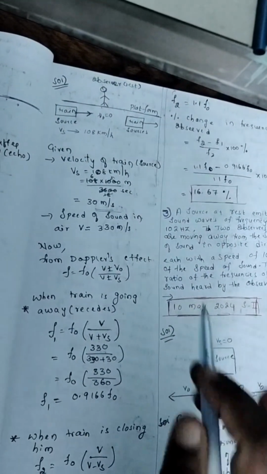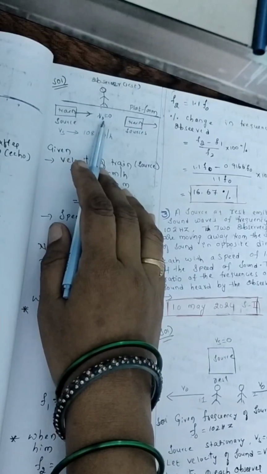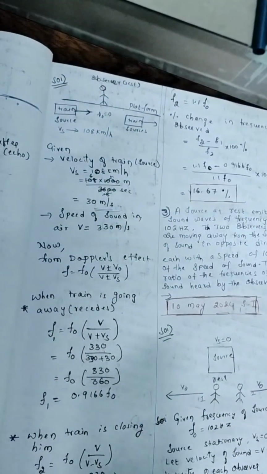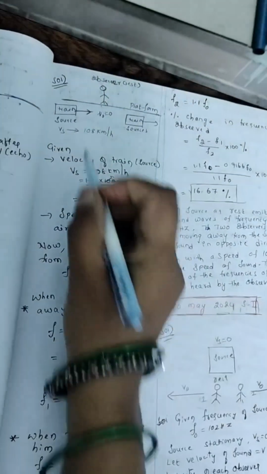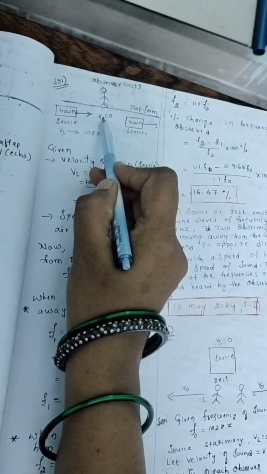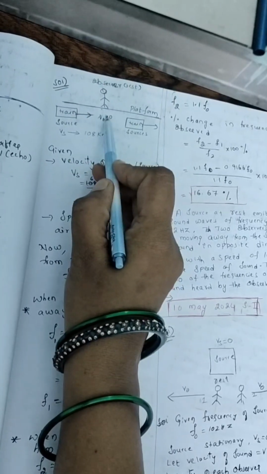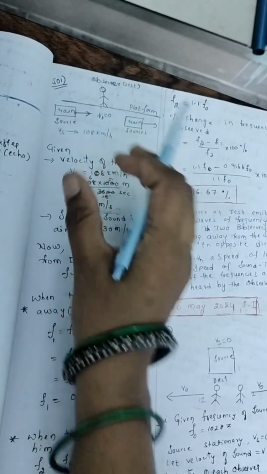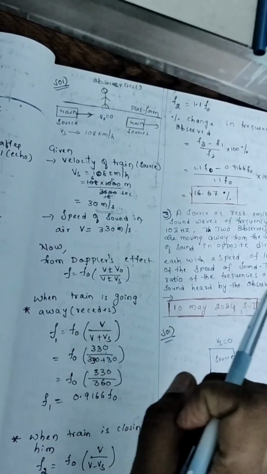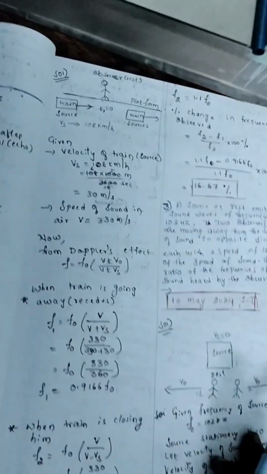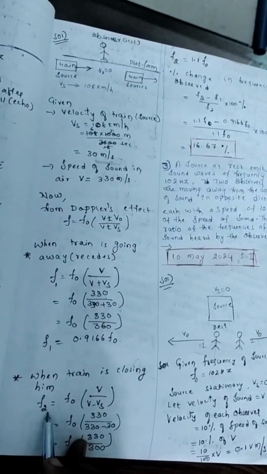Now next, this situation, when the train is coming towards him. Actually, I should have said this first, it happened by mistake. Now it is coming towards him with the same velocity, 108 kilometer per hour. Train coming towards him means the wavelength decreases between the train and observer. When the wavelength decreases, he will hear the maximum frequency of sound released by the train. Means here F2 is increasing.